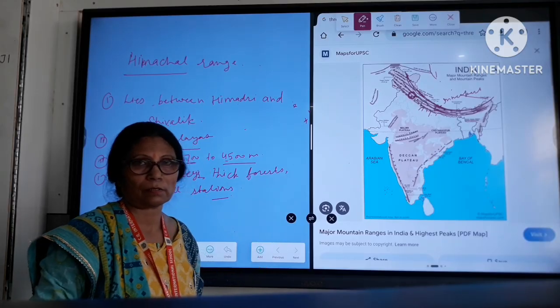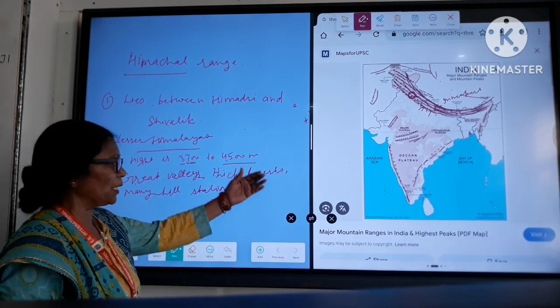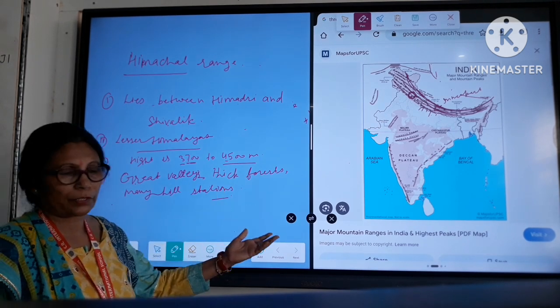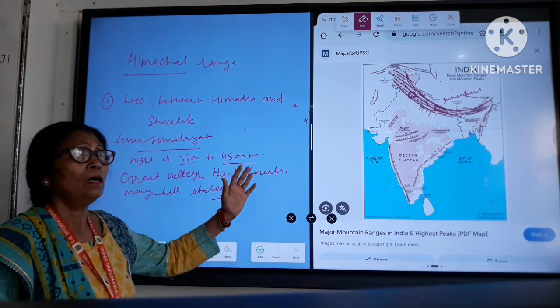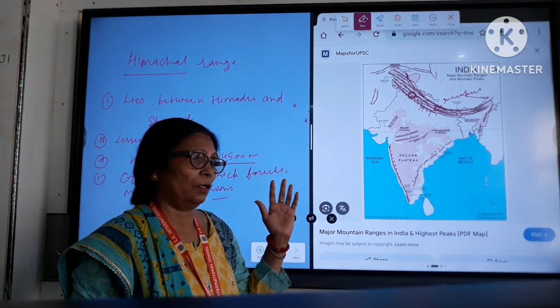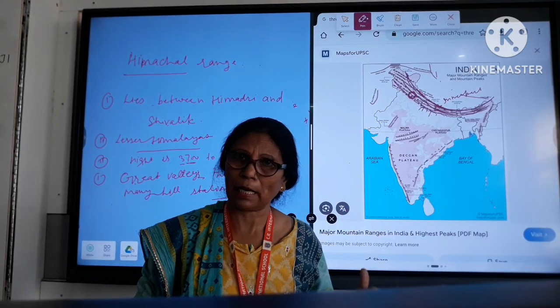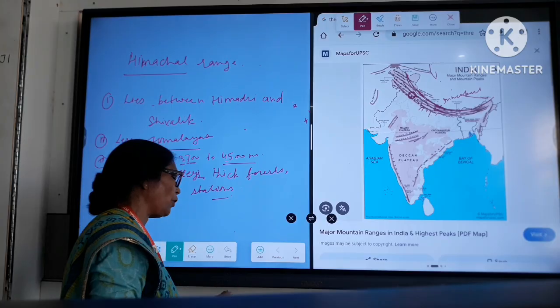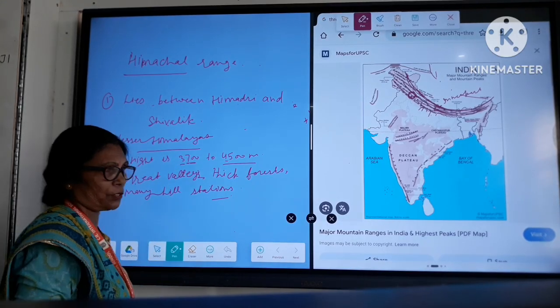Summer vacations. Okay, most of the pilgrims go there for worship and meditation. Here most of the population lies, and here is the diversity of flora, fauna and human habitations.